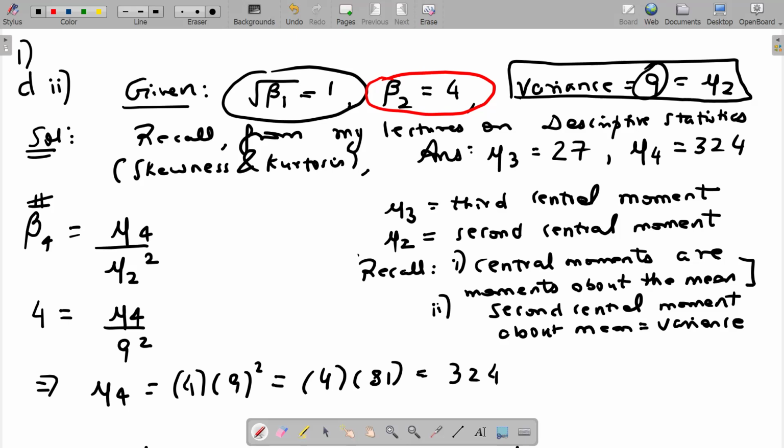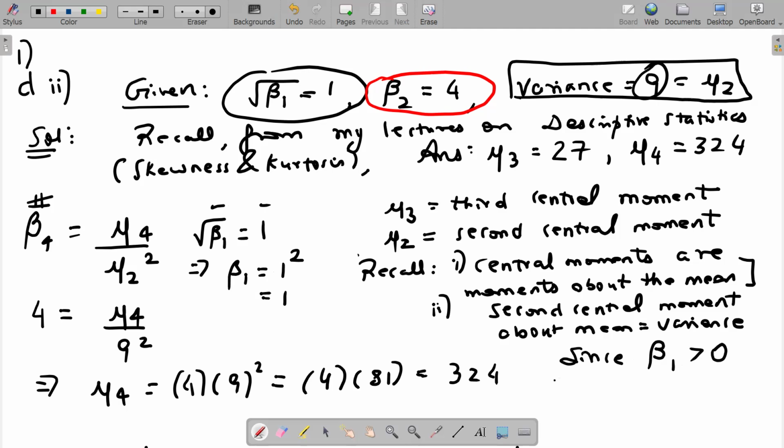And now how can we comment on skewness and kurtosis? Remember, square root of beta 1 is 1. So what is beta 1 if I square both sides? Beta 1 is 1 square, which is 1. So since beta 1 is more than 0, the distribution is positively skewed.